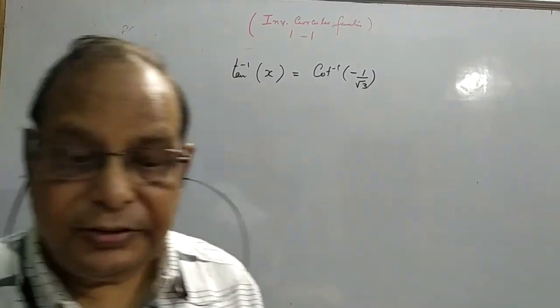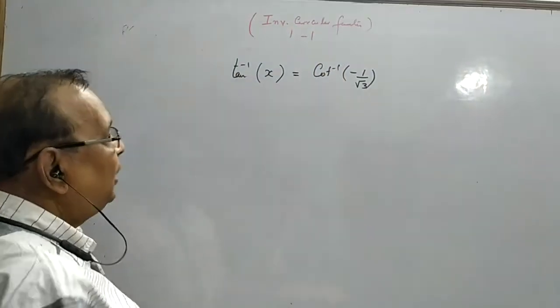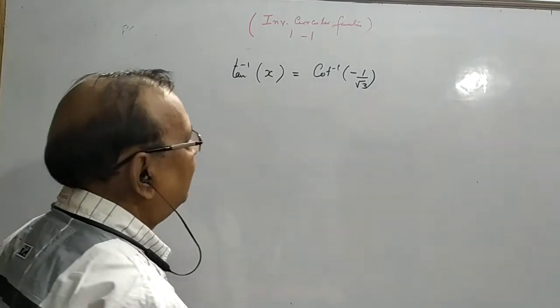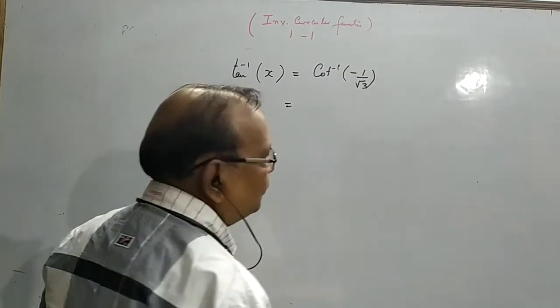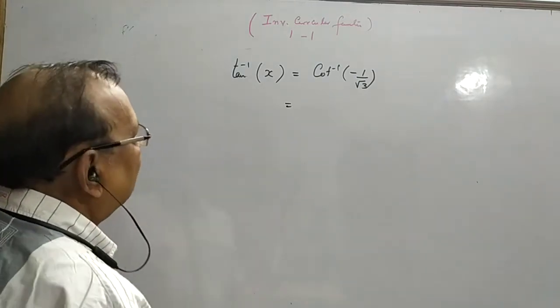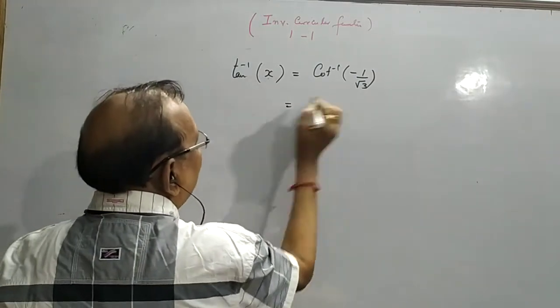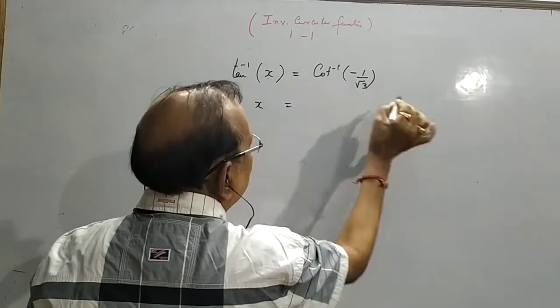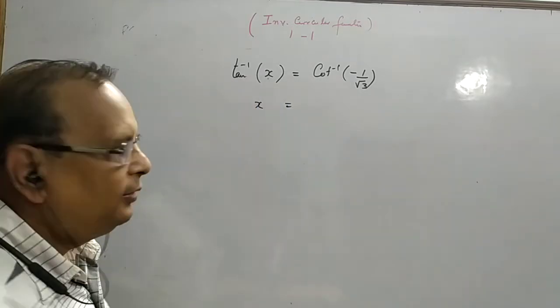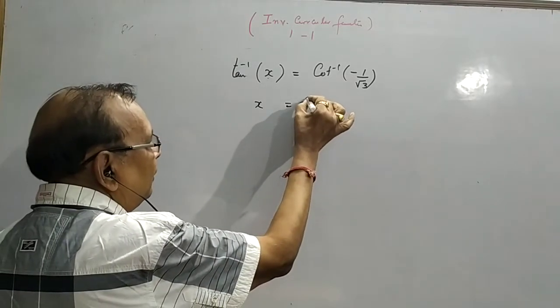Directly, how will we write? If it is negative, what will happen? Cot inverse. Directly x will be, that is invalid, null sign.